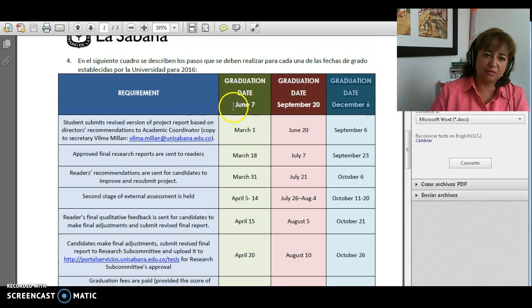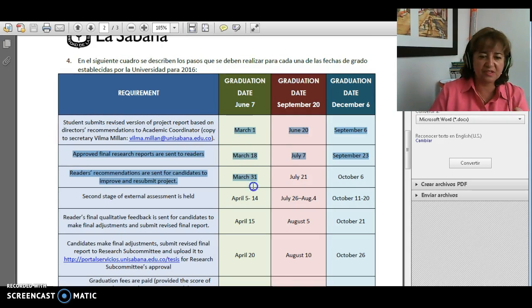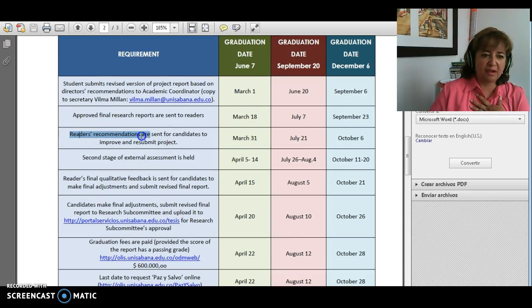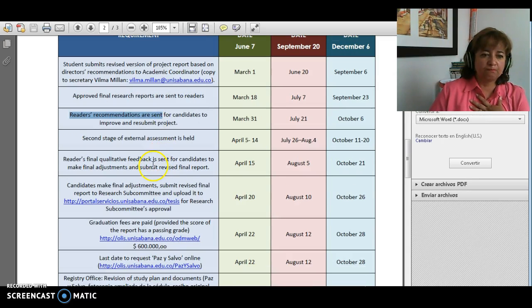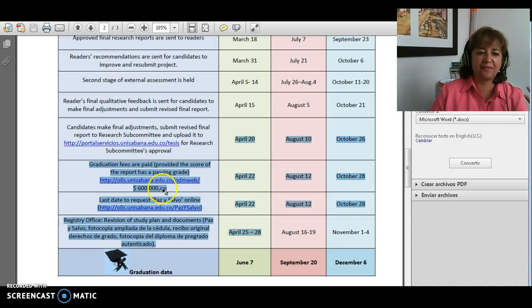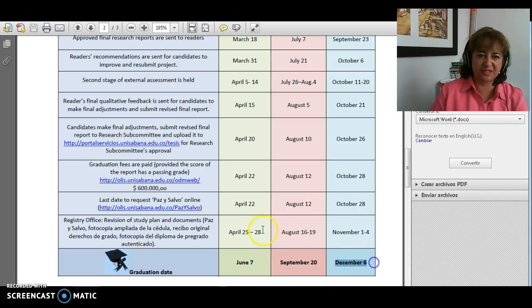See, for example, that if the graduation is June the 7th, the whole process starts months before, especially in processes like the final approval from the research director, the paper sent, and see, for example, the dates: 2 or 3 weeks to readers, another 2 weeks for the recommendations, some feedback that is sent to you so you can improve the last version, and after that there is a long administrative process till everything is paid, is received, etc. So the graduation goes to June 7th, September 20th, or December the 6th.